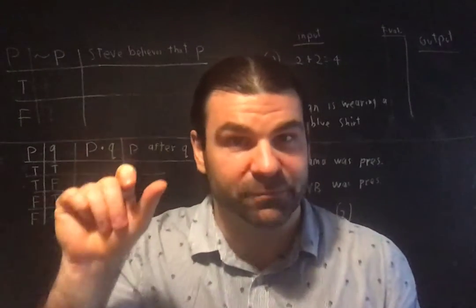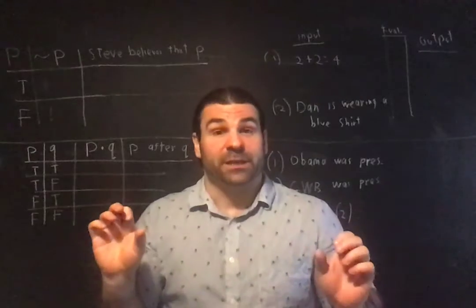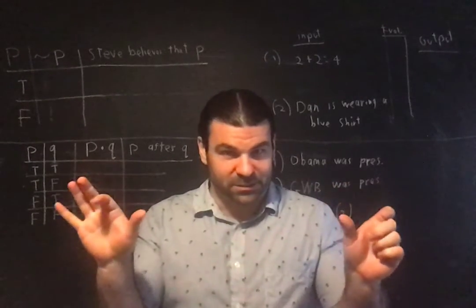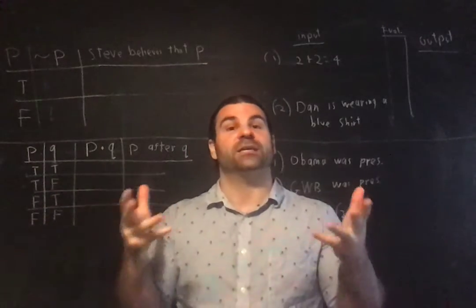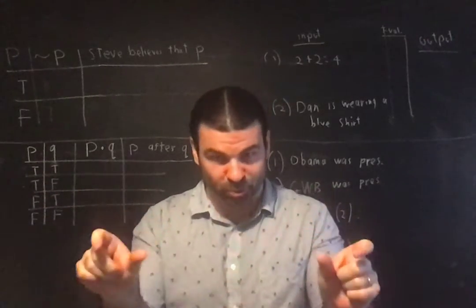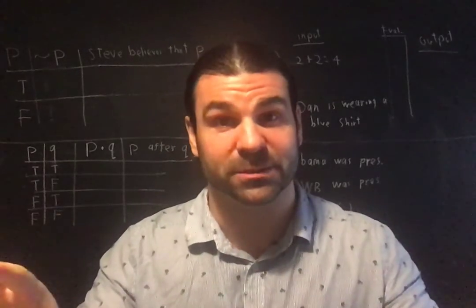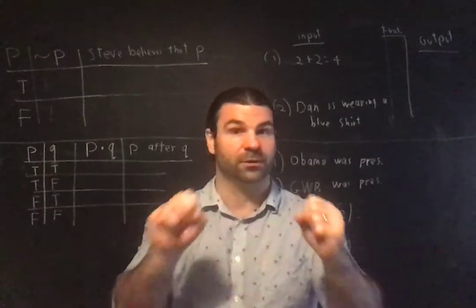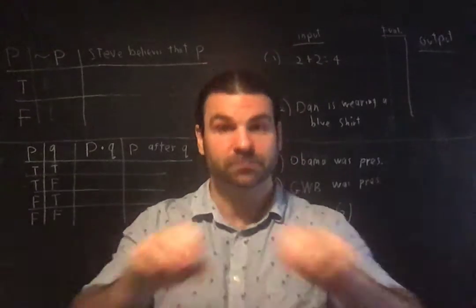The emphasis is on the truth value of the component sentences. That means the meanings of the sentences, what they actually mean, doesn't matter. If I give you merely the truth value of those component sentences and nothing else about those sentences, you have enough information to tell me whether the blank and blank sentence is true or false, right?